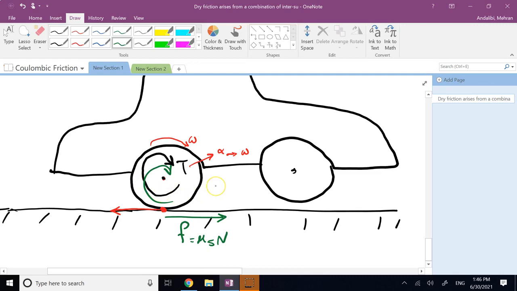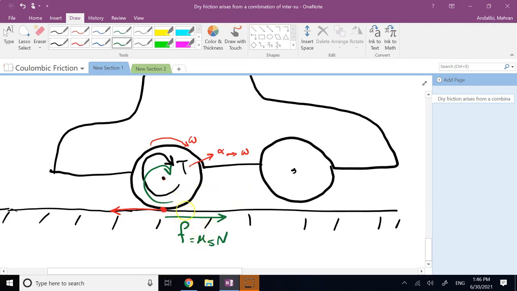Like you are starting your car on sand or on ice or something slippery, then this mu s is so small, so you have a very good chance of a lot of slippage here before your tire can get enough speed to move on.